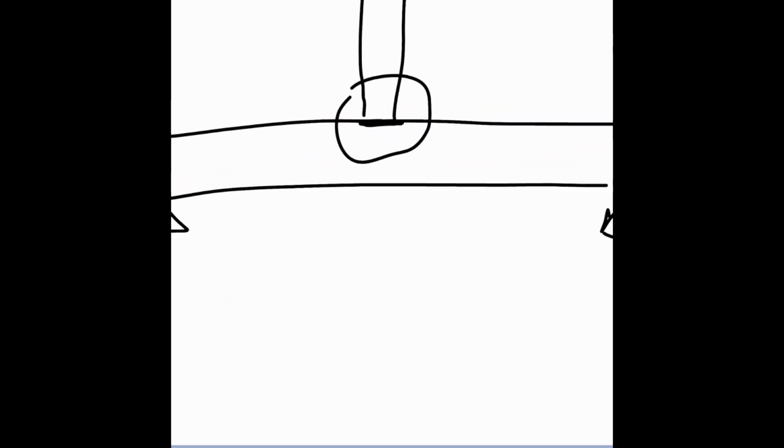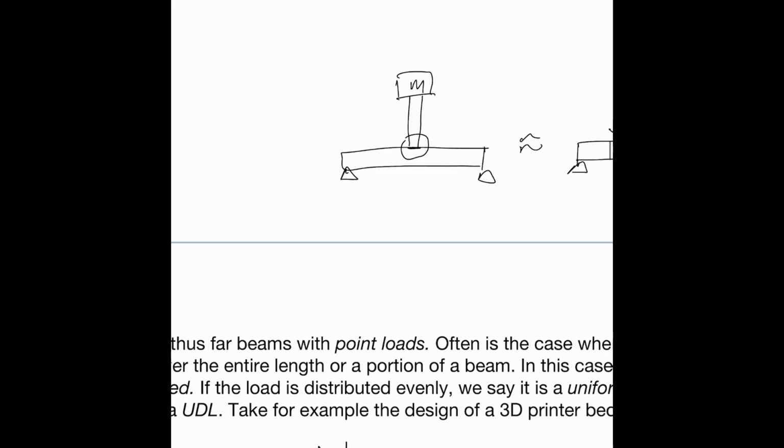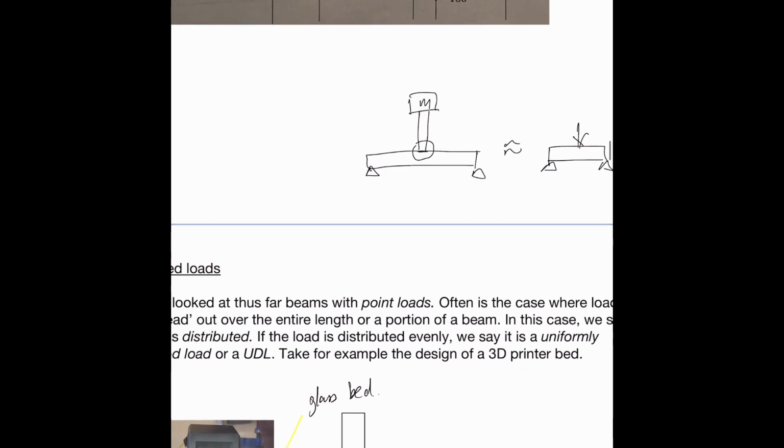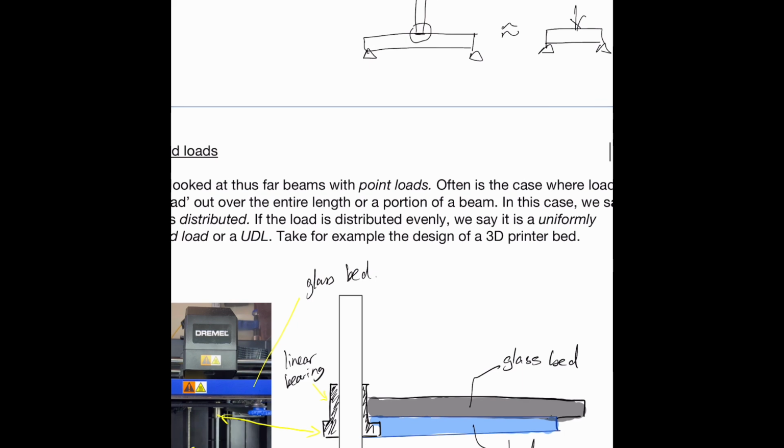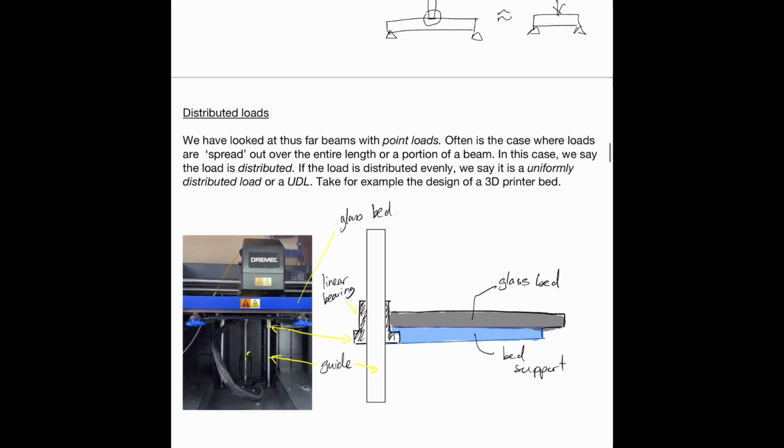To simplify things, and all these analyses we're doing in strength of materials, by the way, are simplifications and approximations, a point load is one of those approximations. Now, there are times where we cannot do that. For example, in the case of the concrete floor, we cannot make that approximation as a point load. So we have that as a distributed load.